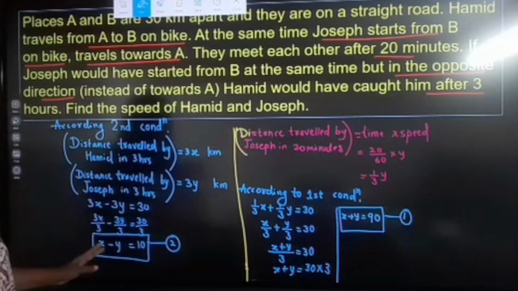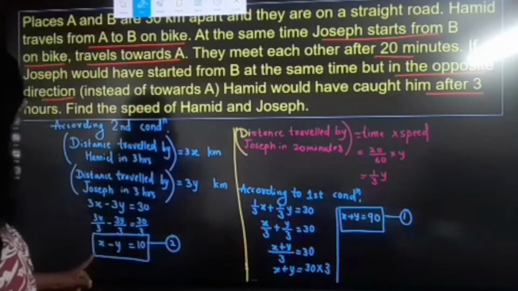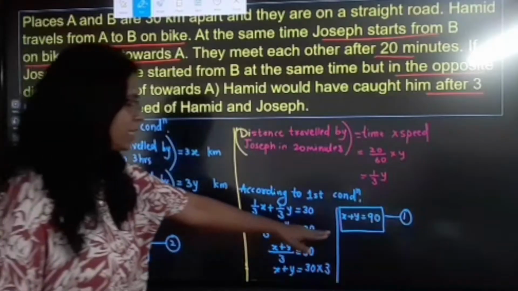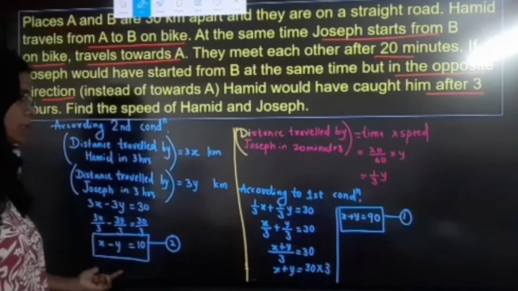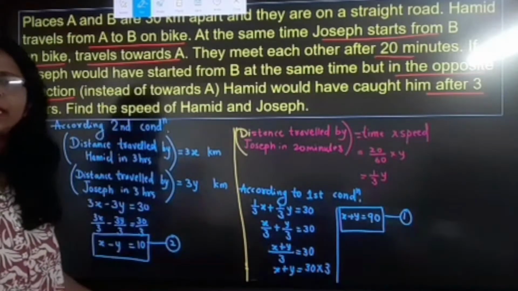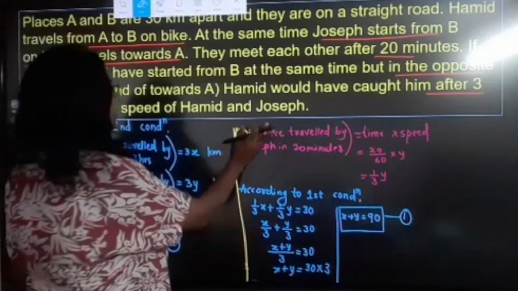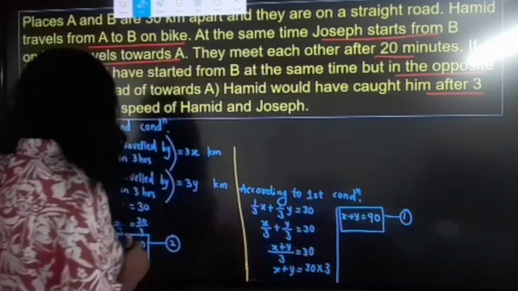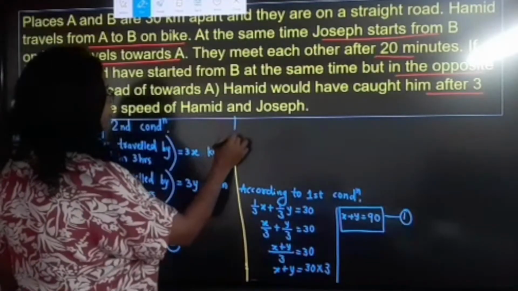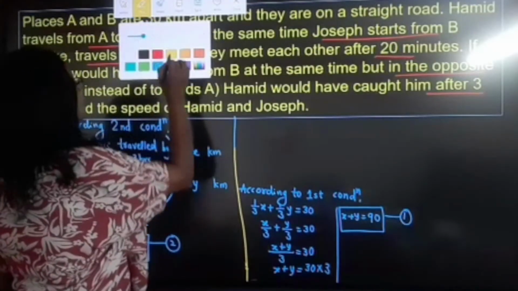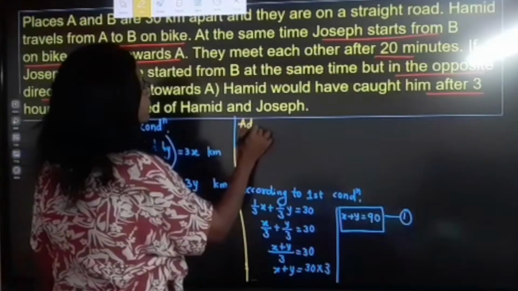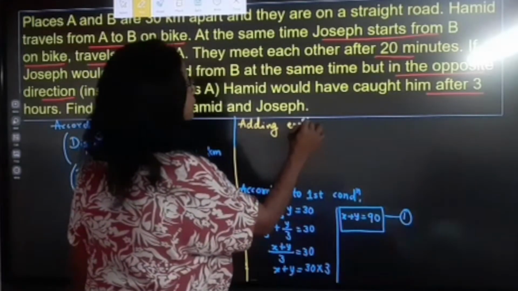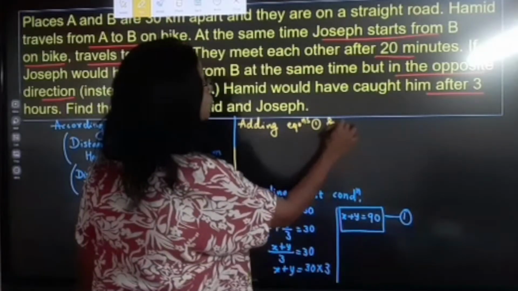Now we have to solve the first and the second equation. This one is x plus y and this is x minus y, so the adding process is very suitable here. So I write, adding equations 1 and 2.